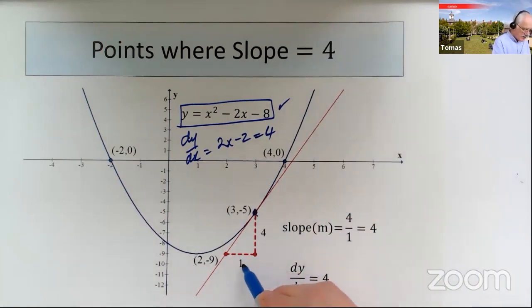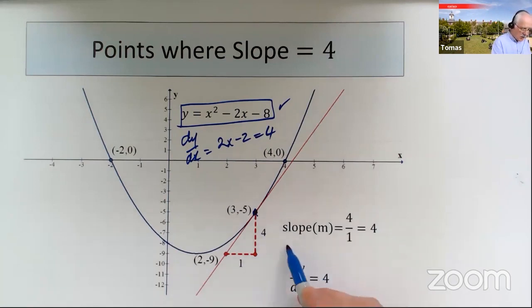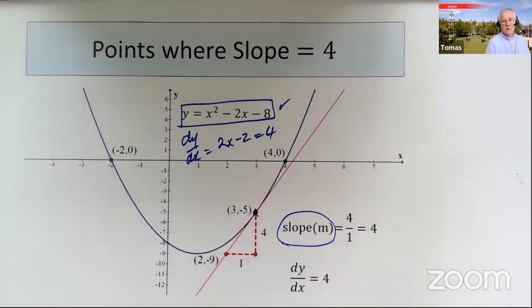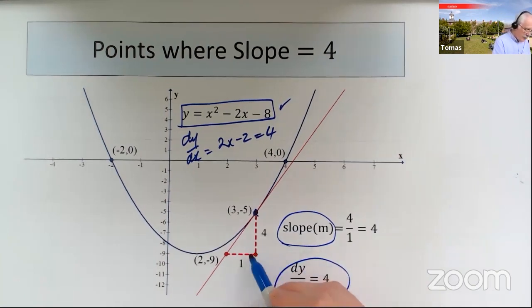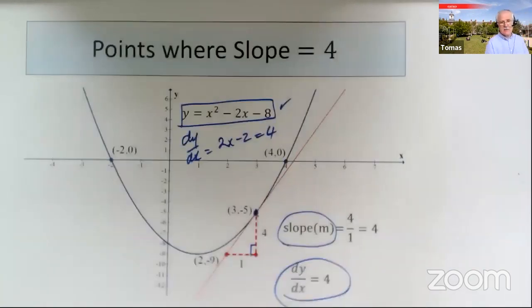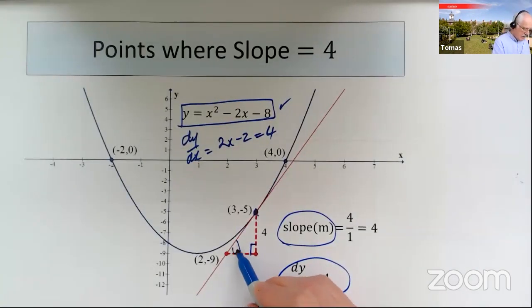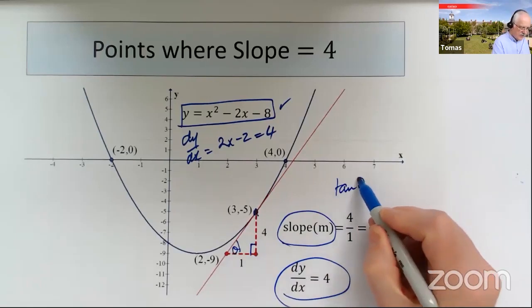The slope was 4, meaning for every step out, we go 4 up. Slope is dy/dx, or m, if you were doing the slope of the line, or dy/dx. Or 4 over 1, because this is 90 degrees, is actually tan of theta.